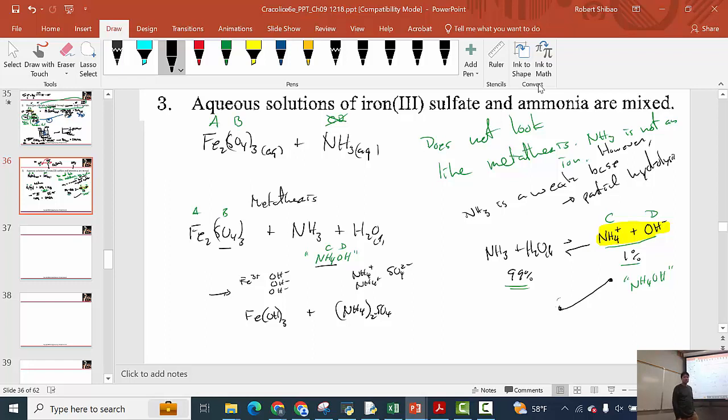All right, before I balance this, I want to determine if there's a driving force. The first thing you look at is precipitation. Did we form any precipitate?